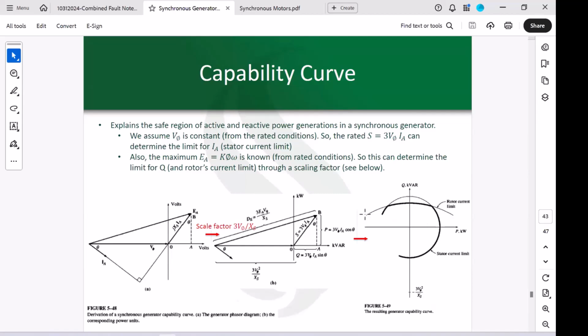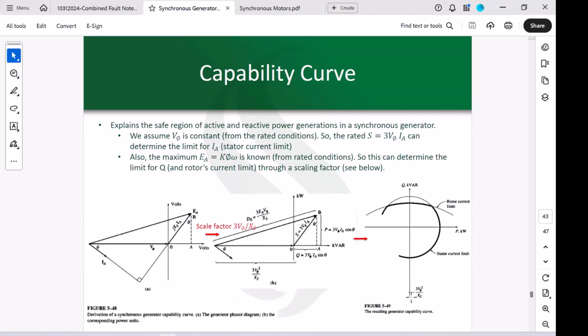Now, this curve is found from a circle having a center of minus 3 V phi squared over XS, which is associated with this length, and a radius of this much, 3 times EA V phi over XS.